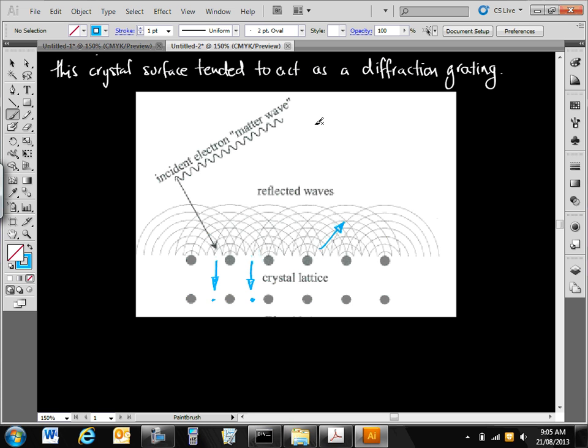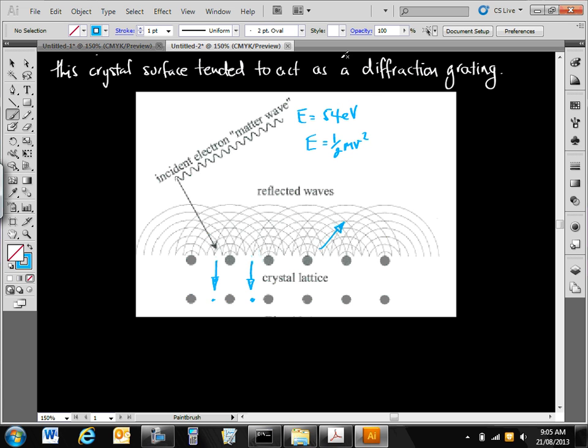Okay, so they fired 54 eV electrons. When I talk in energy of an electron, I mean its velocity, so to speak, because E equals half mv squared. So mass is fixed, energy relates to velocity, and so 54 eV electrons.